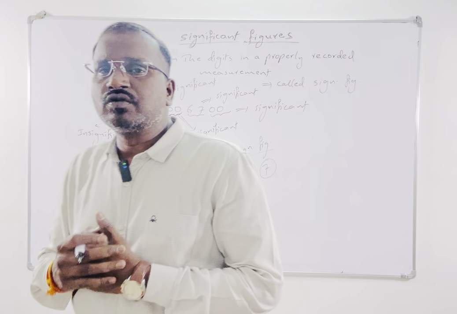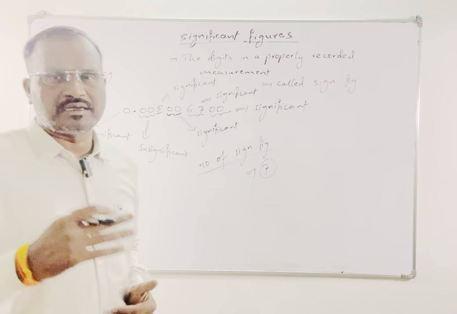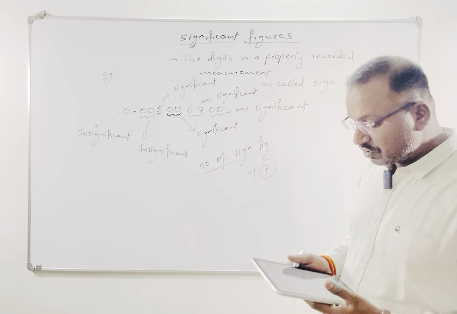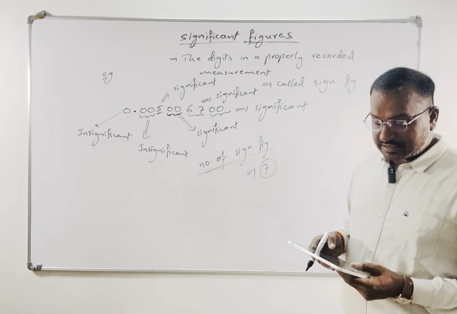Like that you can go for any example. So please be careful with these significant figures. Once again I am saying, by going back in this video, please see how to identify significant figures and how to write significant figures in this example.